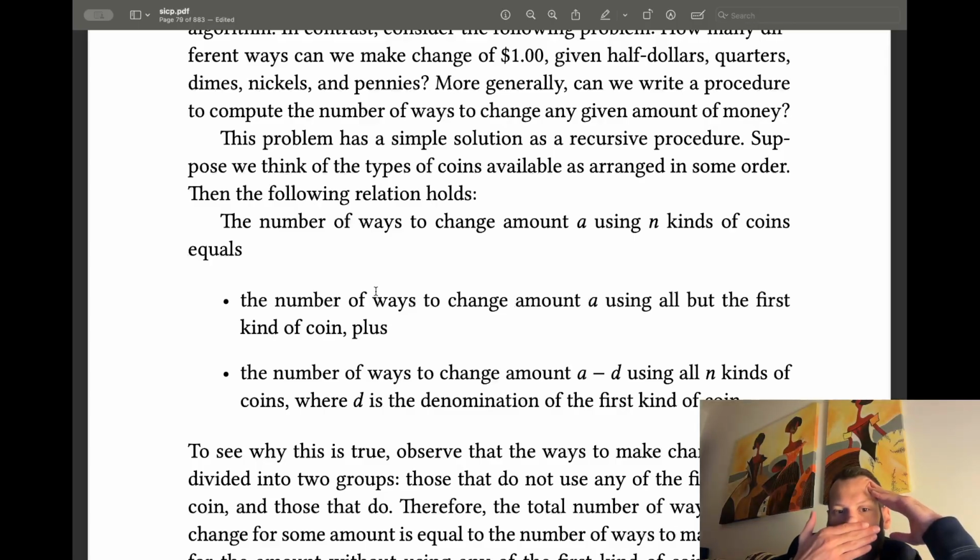Let me reread this passage. The number of ways to change amount A using n kinds of coins.